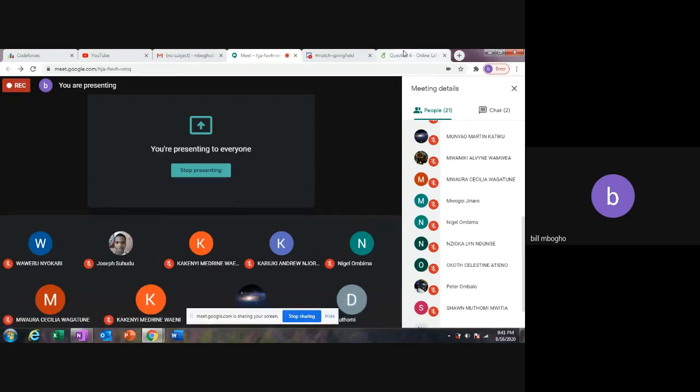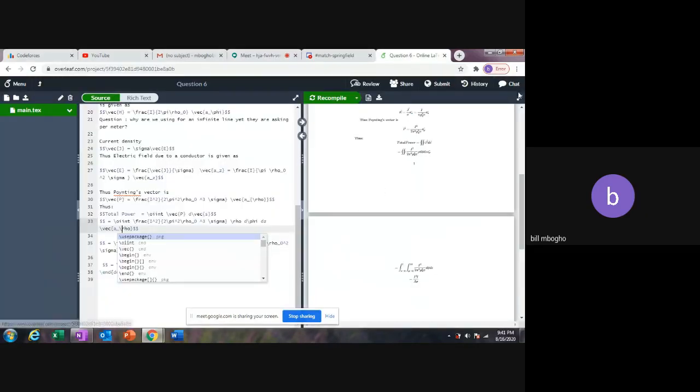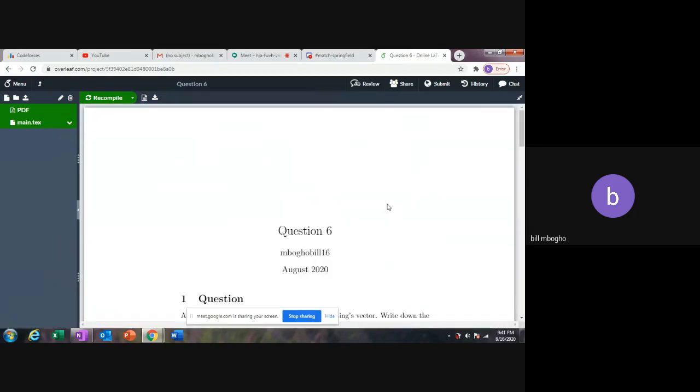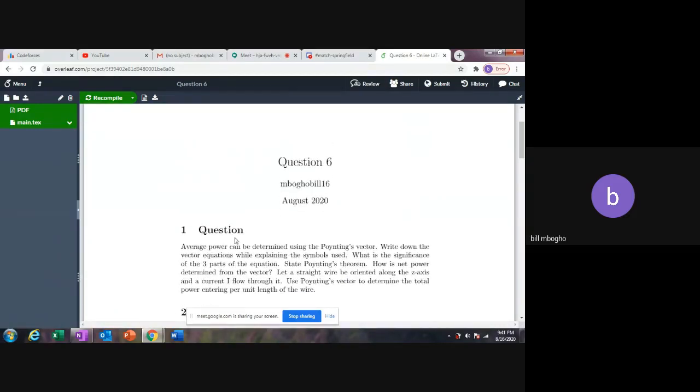So the problem of question 6 was this one. It was long, but it was telling us to write down the vector equations for Poynting's vector and explain what the symbols used mean.